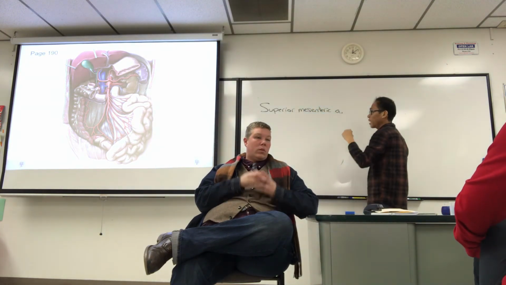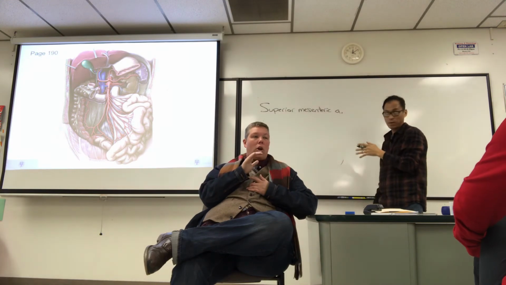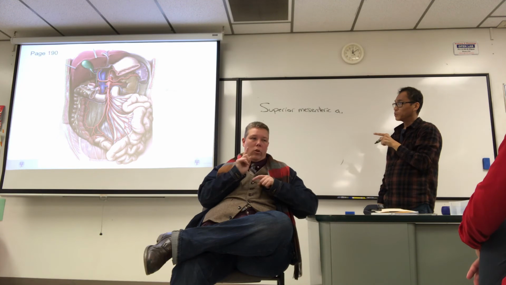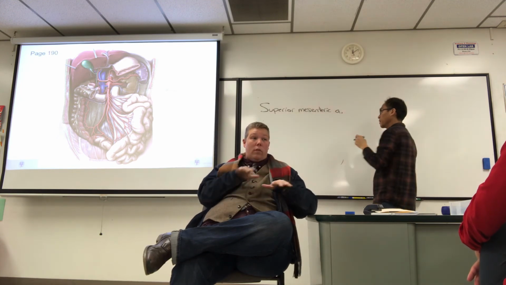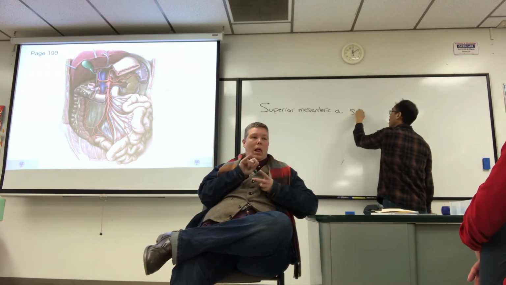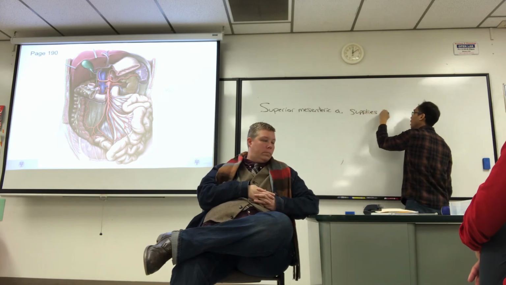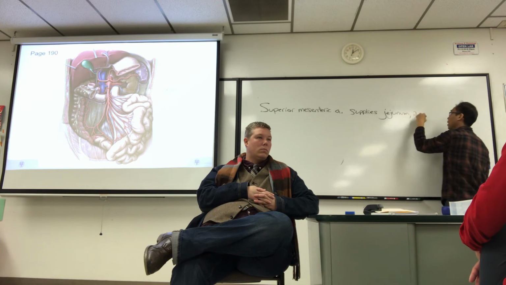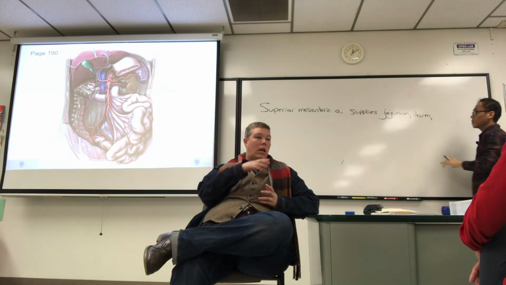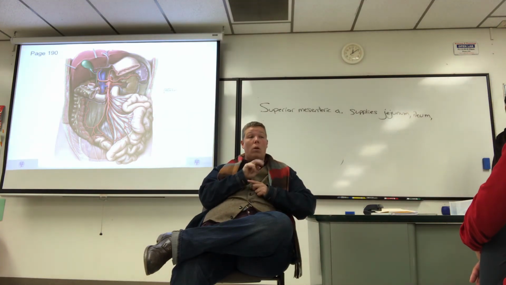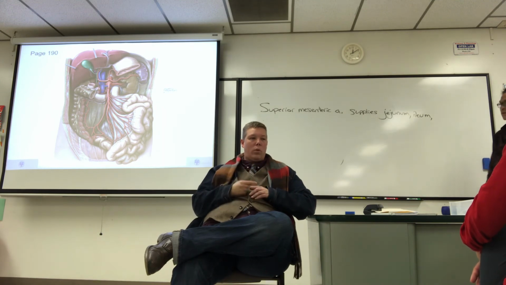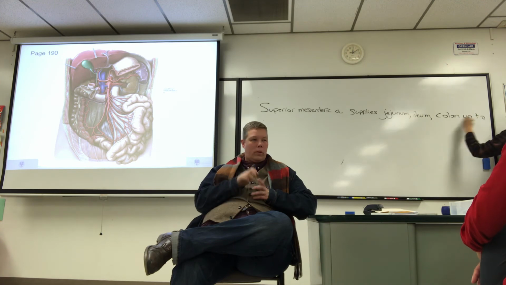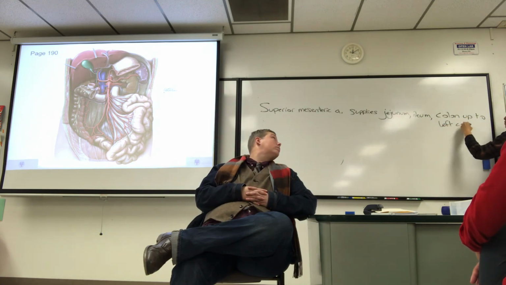I'll just list what it's supplying blood to here. As you can see, it's giving off branches to supply blood to the jejunum and ileum, and also the colon, all the way up to the left colic flexure.